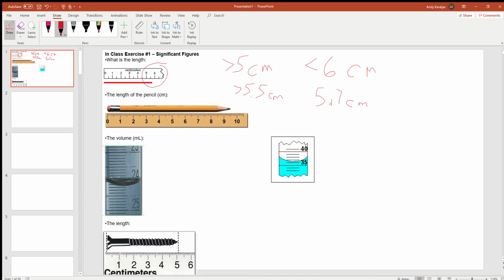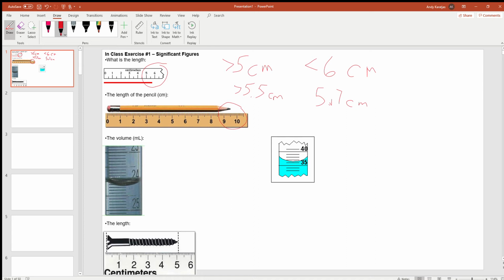Now for the next one, where we're looking at the length of the pencil, you can see that our ruler here does have both the centimeters drawn in, but we also have markings for every 1/10 of a centimeter. That's what the small lines in between there are. Because we can see clear graduations for every 1/10 of a centimeter, we can estimate 1 decimal place further.